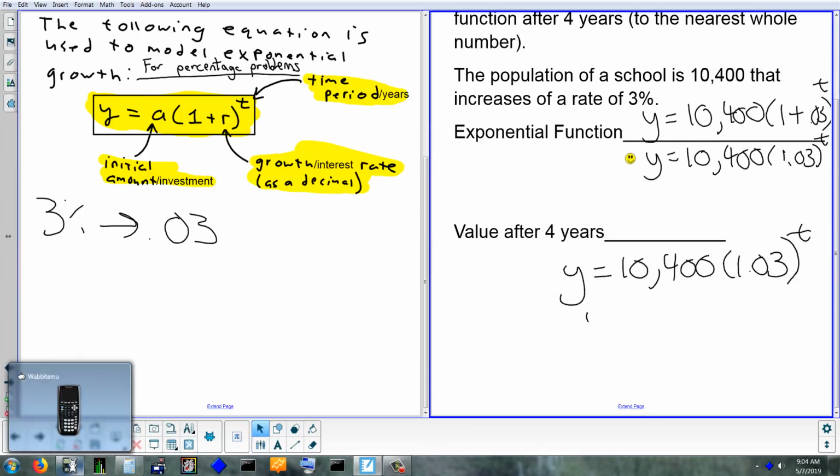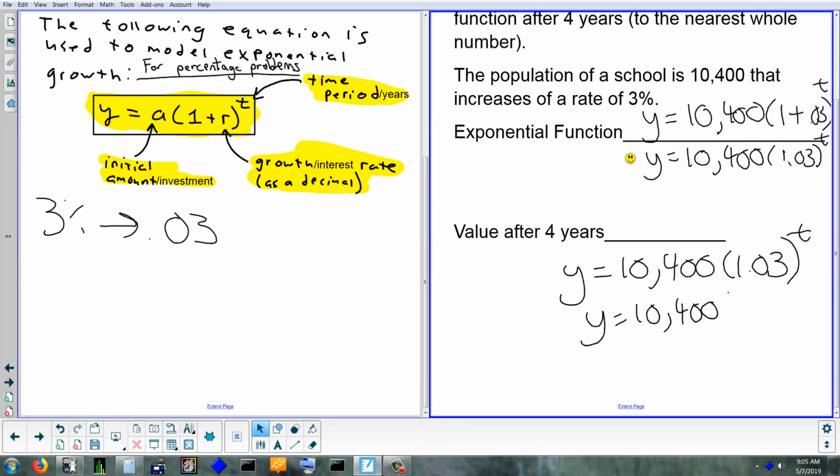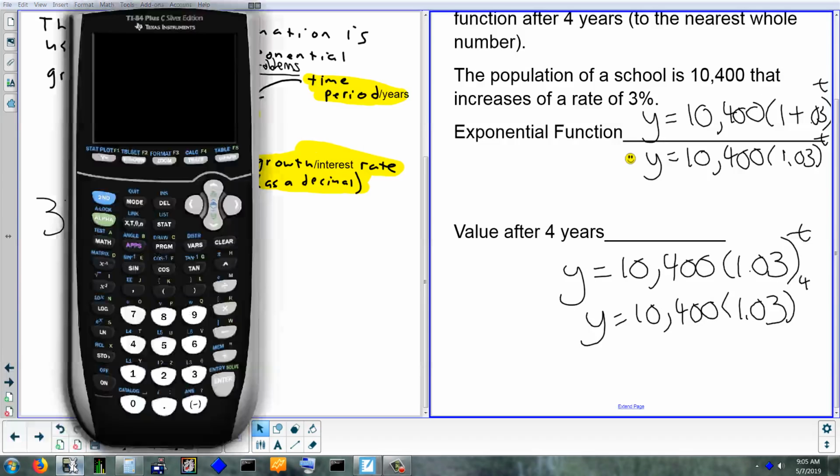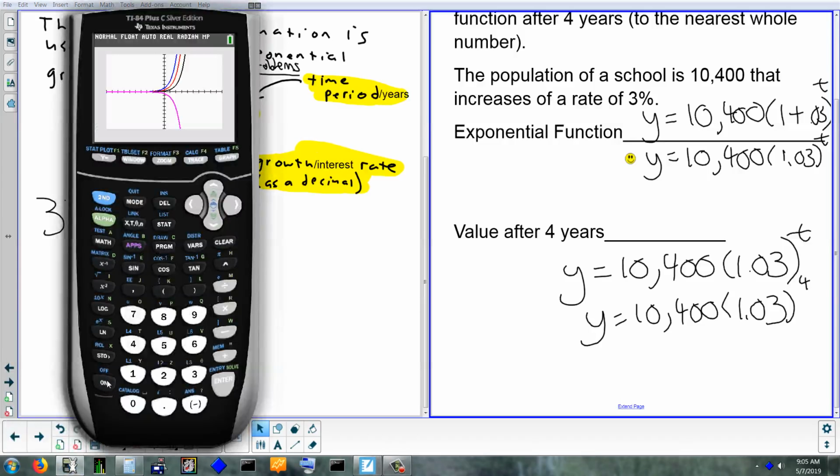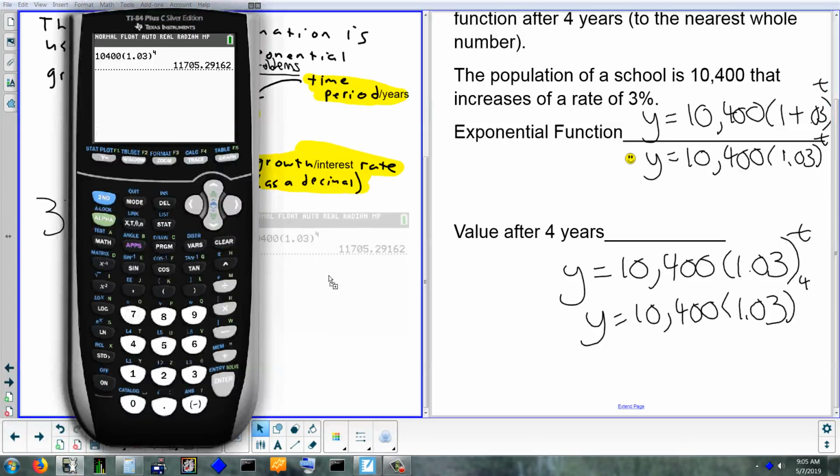Now, like Donovan just said, y equals 10,400, 1.03 to the 4. Since it says after 4 years, instead of being t, it's giving me a number now. I'm just going to plug in 4. Something like this, guys, I would suggest doing it on a calculator. But if you put it exactly how it is, it'll come out.